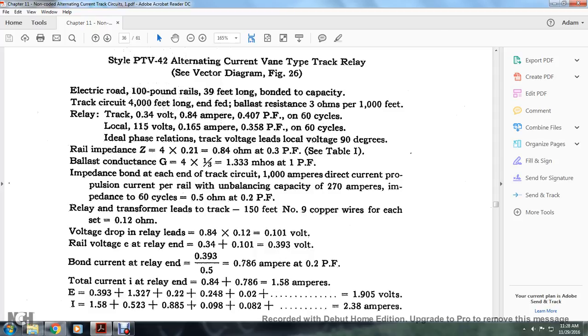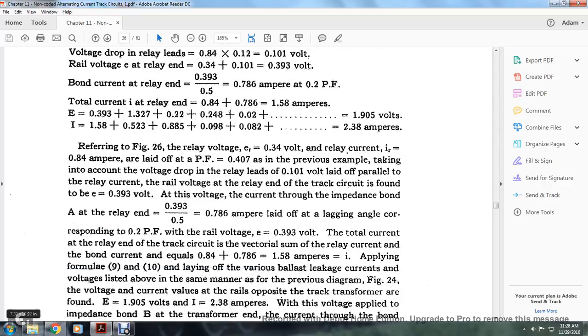Our bonded current relay at the end is equal to 0.39 volts divided by 0.5, 5 tenths, is equal to 0.786 amperes at the tenth of the PF. Total current I at the relay end is 0.84 plus 0.786 equals 1.58 amperes. E is equal to 1.905 volts, and I is equal to 2.38 amperes.